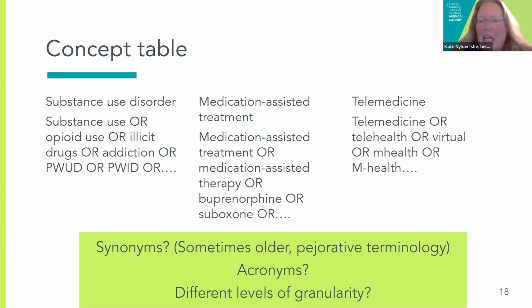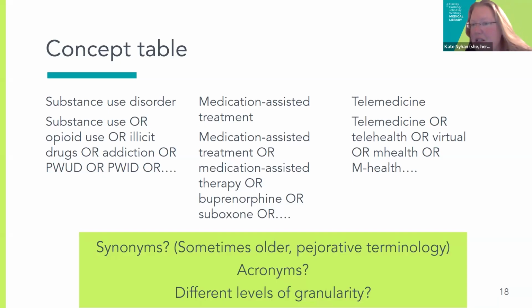Here's a note. Even if you might not write addiction in the paper that you create, you probably want to look at some older papers that might use that pejorative terminology. So you'll still use it in your literature search, even if you wouldn't use it in a presentation or a manuscript that you were creating.